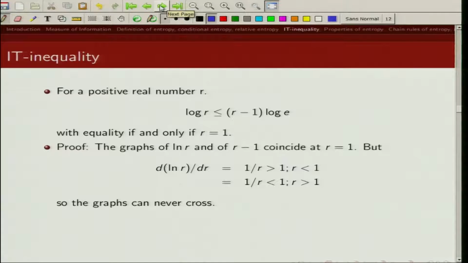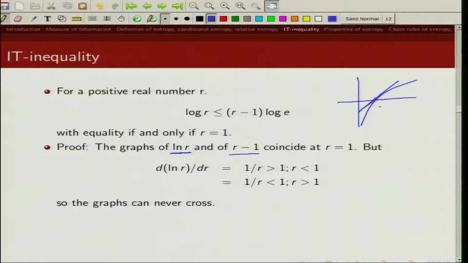Now note that the graphs of natural log of r and r minus 1 coincide at r equal to 1. I am just replotting again. This will be my log function, and this will be my r minus 1.